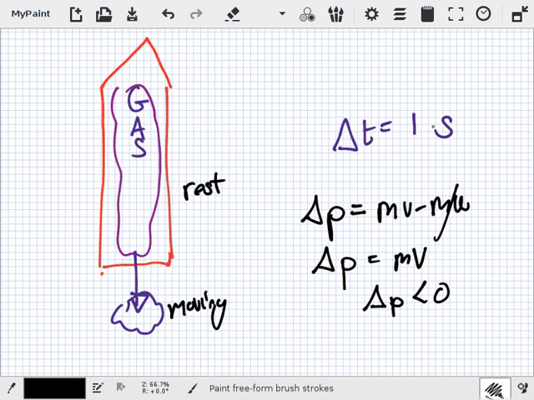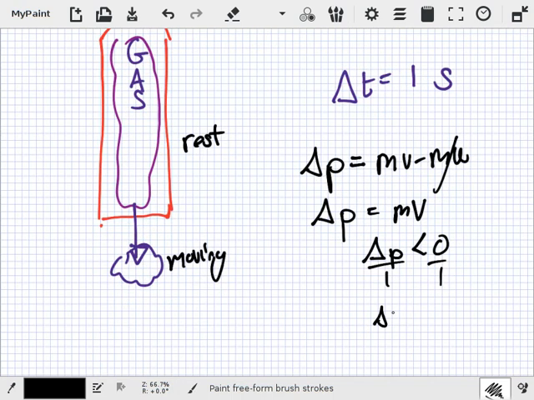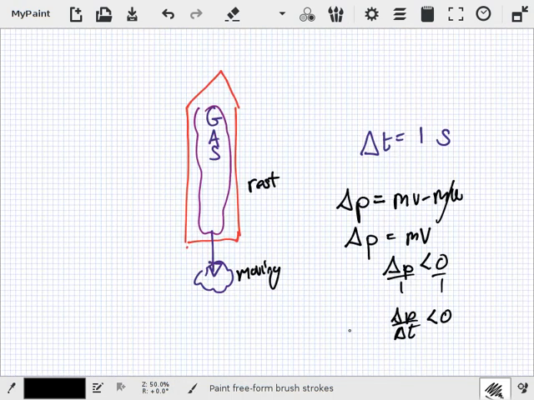But the delta T is 1. If I divide both of these by delta T, I get delta P over delta T is less than 0. But what's delta P over delta T? It's the F.